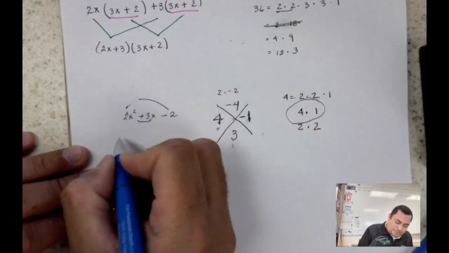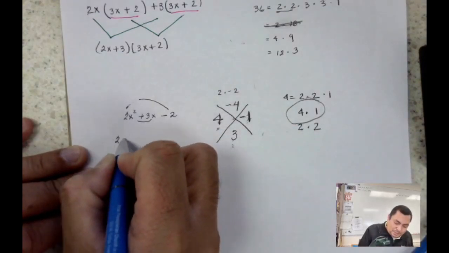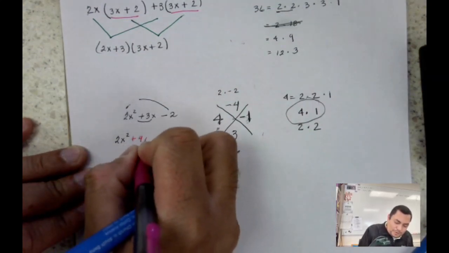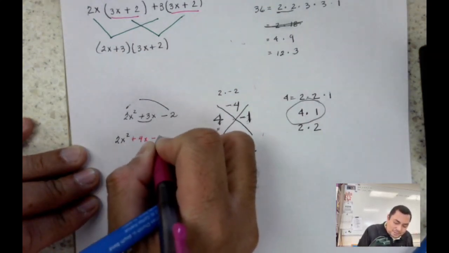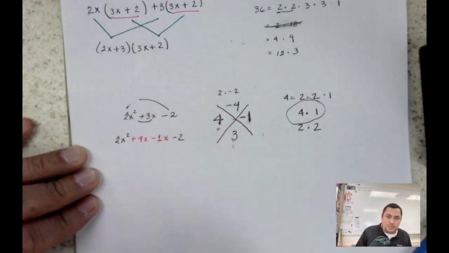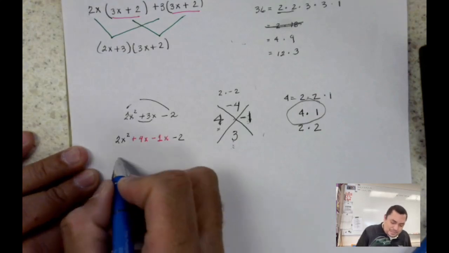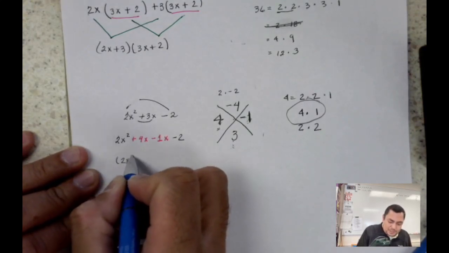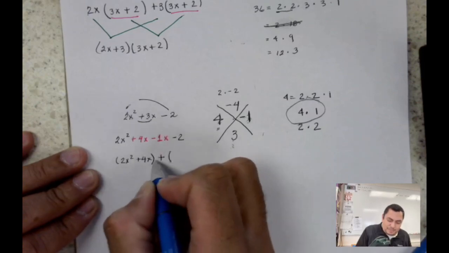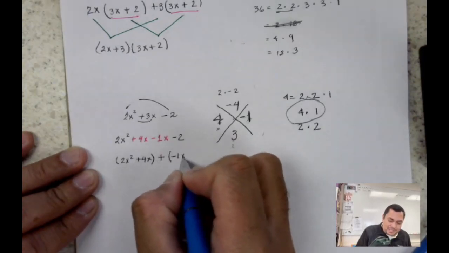So now proceed to write it here: 2x squared plus 4x minus 1x, and I'm going to leave that 1 there, minus 2. Okay, let's proceed to group 2x squared plus 4x plus, see the positive always there, negative 1x minus 2.